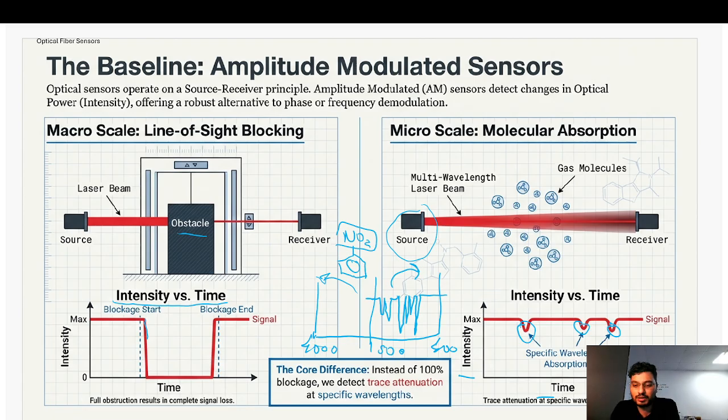In this particular time interval there is no absorption, and it seems that no gas molecule interacted with the laser light. But in this particular region, there were some interactions with the gas molecule.